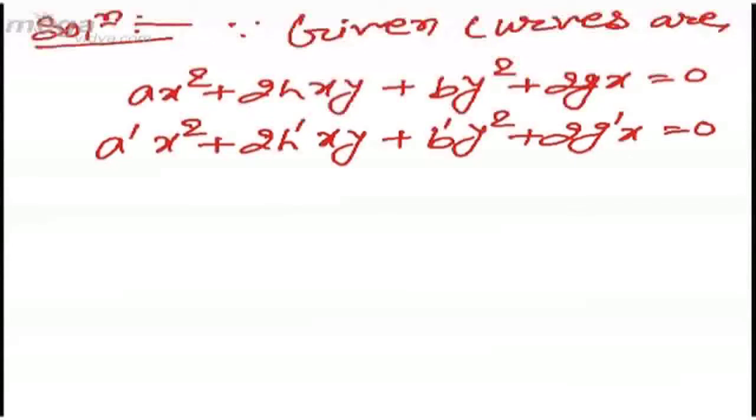If you multiply the first equation by g dash, and the second equation by g, and subtract these two, 2g g dash x and 2g g dash x both get cancelled.